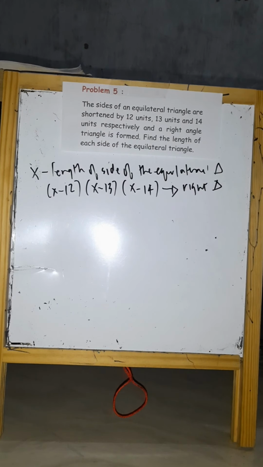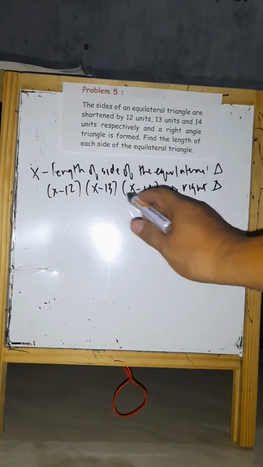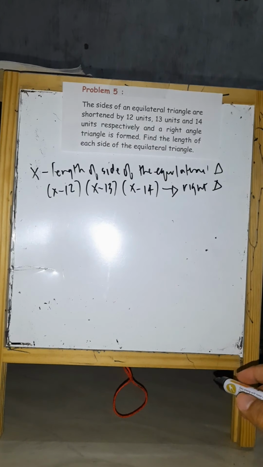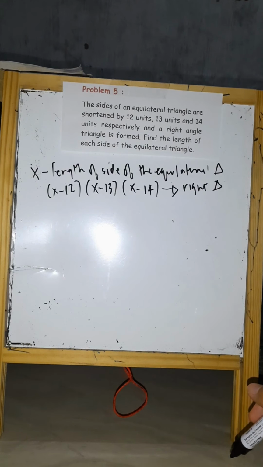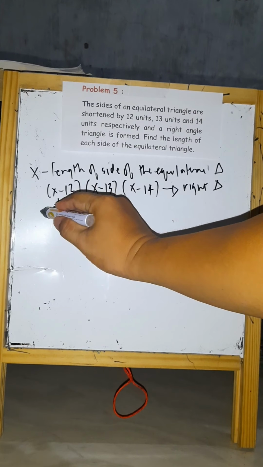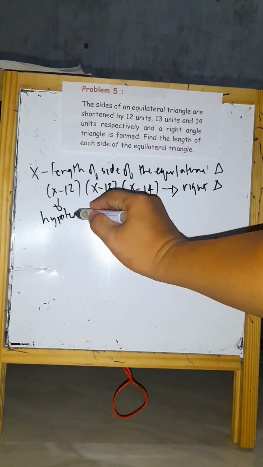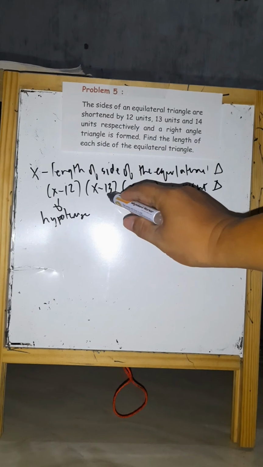So what is now the length of each side of the equilateral triangle? Focusing on the right triangle, which of these sides is the hypotenuse? x minus 12, x minus 13, or x minus 14? Of course, the answer is x minus 12, because that is considered the longest side among the three.